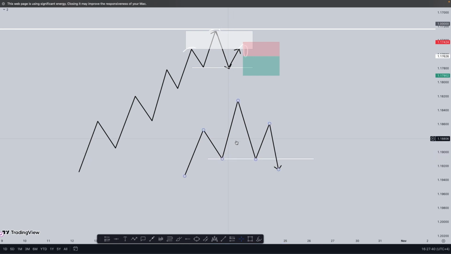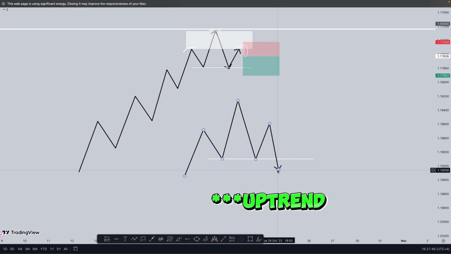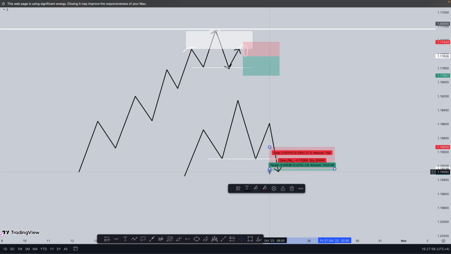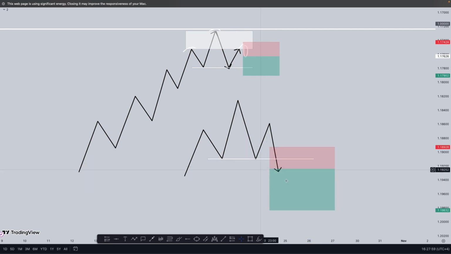This means that price has changed from creating higher highs and higher lows. Now we have a lower low, which is not a character of an uptrend, so this indicates that price is about to reverse, right? So once we do this, this becomes a reduced risk entry, which means if I get in here, there's a high possibility of price just pushing to the downside because the structure has changed.